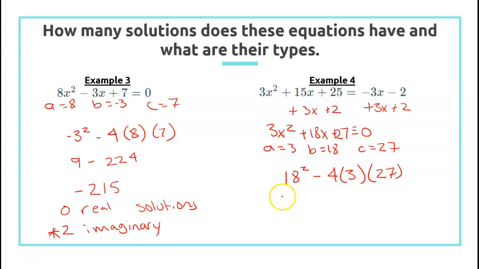And we're going to find that 18 squared is 324. Minus 4 times 3, which is 12. 12 times 27 is also going to give us 324. That is going to be equal to 0, which means that we have one real solution.